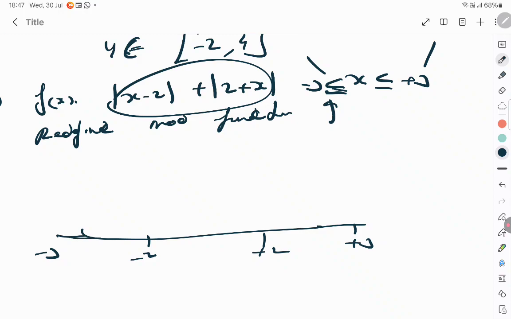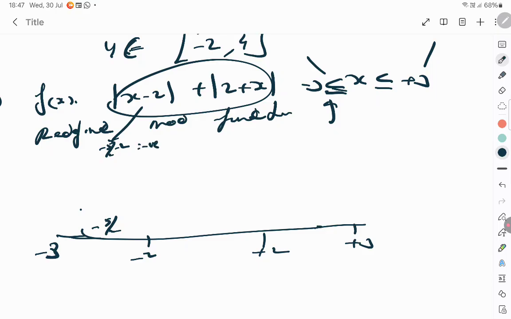Let's give one example between minus 2 and minus 3. Can I write it as minus 2.5, which is 5 by 2? So write here minus 5 by 2. Minus 5 by 2 minus 2 is definitely negative. Some negative answer.